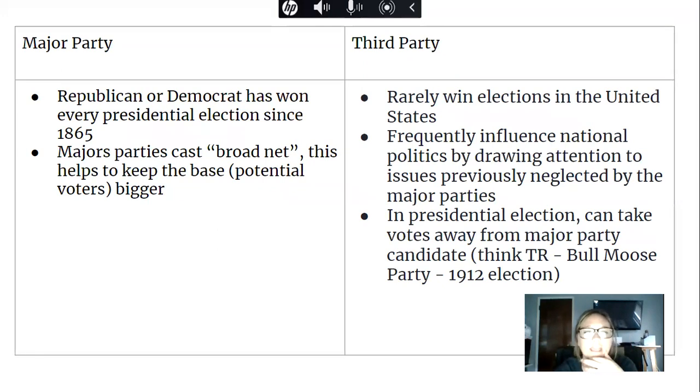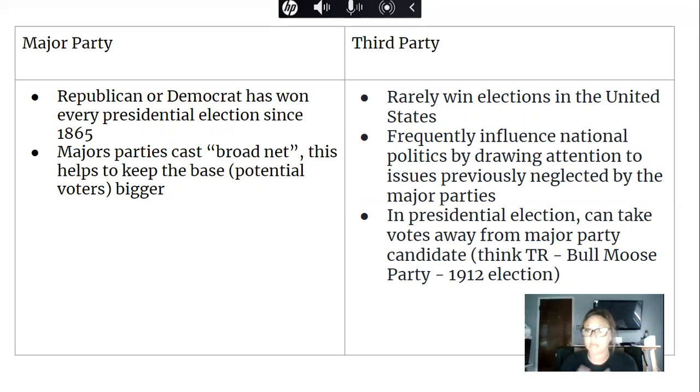major parties cast a very broad net, meaning, in comparison to third parties, which can get more specific in their platforms and what planks they decide to focus on. The two major parties have to be very broad in their ideology, although sometimes you think, no, there's no way that's broad.